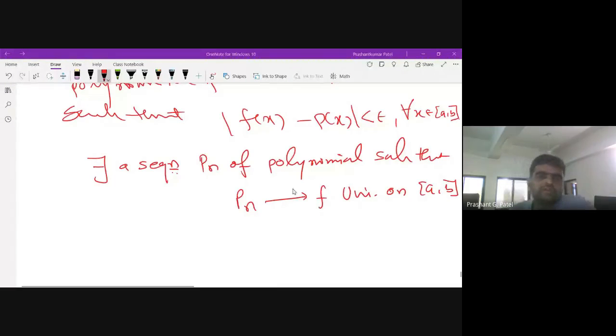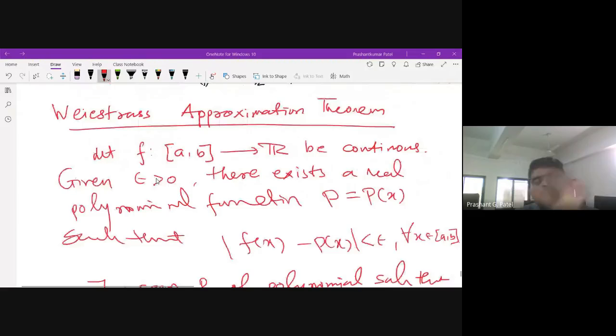So this is the Weierstrass's approximation theorem. It says that if you have any continuous function, then there will exist a sequence of polynomials such that this sequence Pn will converge to the function f uniformly.